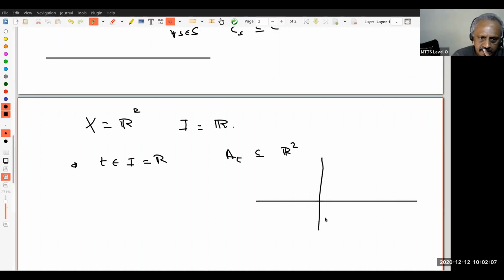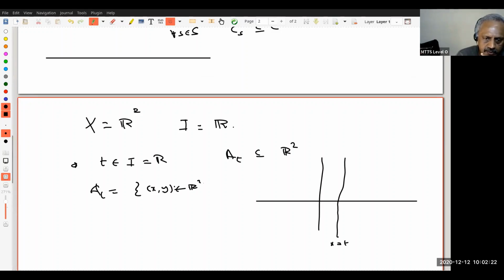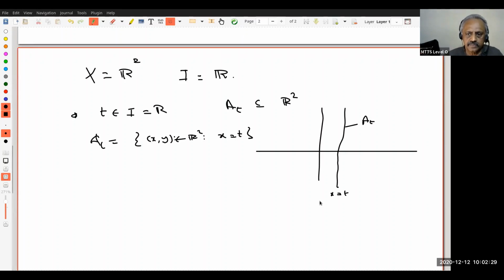You follow that? My A_t is, put x equal to t. A_t is the set of all (x, y) in R^2 so that x equals t. That is this horizontal line. This is my A_t. Therefore, this family A_t is indexed by I, where I equals R.